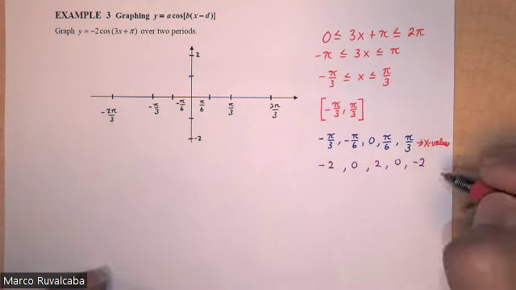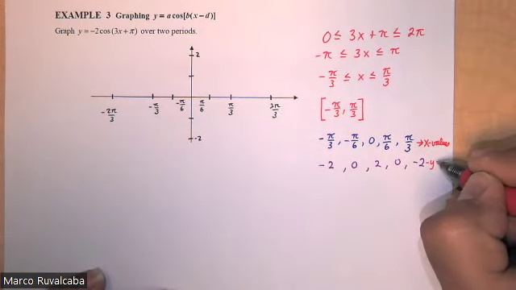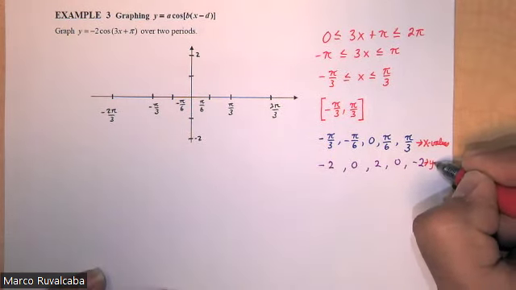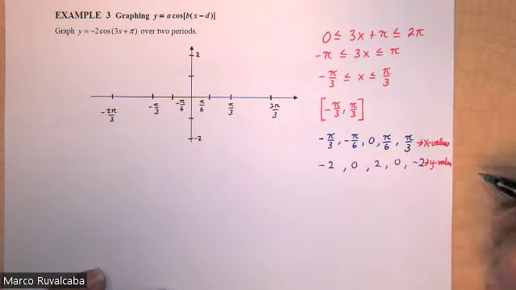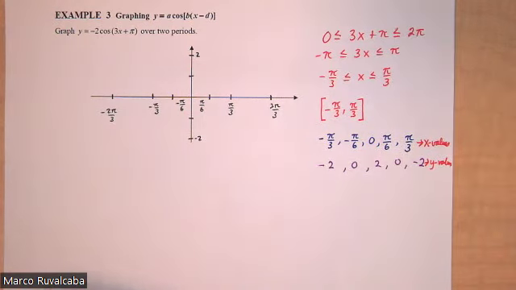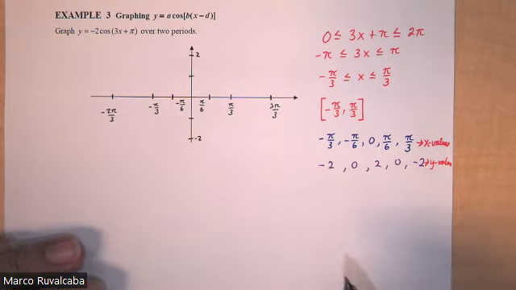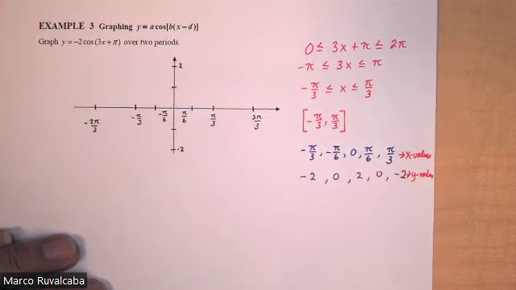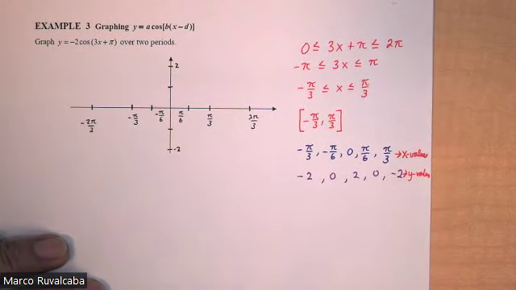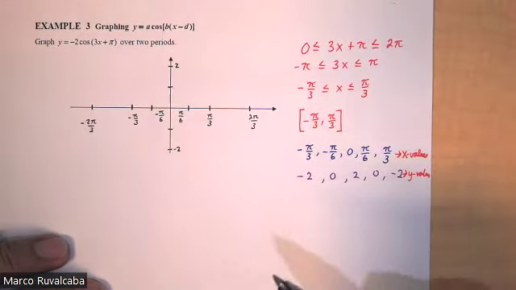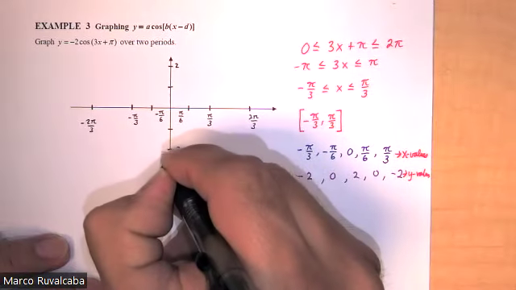Okay, so these will be the Y values. Kind of got too close to the edge here. I'm sorry. Those are the Y values. And I'm going to plot those. And you'll see what I mean by extending the graph in a little bit. So -π/3, -2.